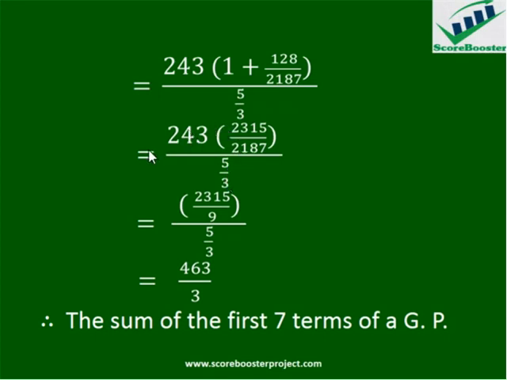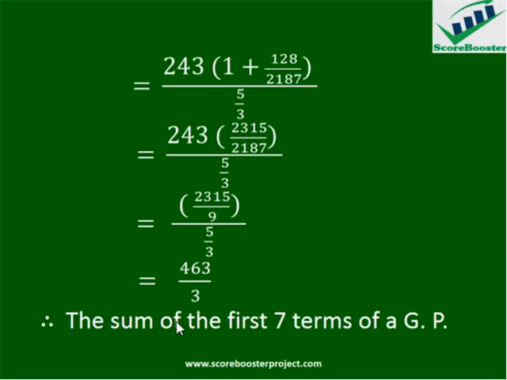So here 243 can go. We simplify this numerator to its simplest form. We have 2315 divided by 9, divided by 5 over 3. That is the same thing as writing 2315 over 9 multiplied by 3 over 5. And if we evaluate that, we have 463 divided by 3.